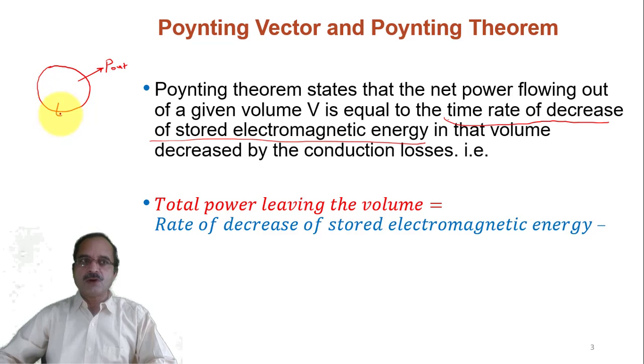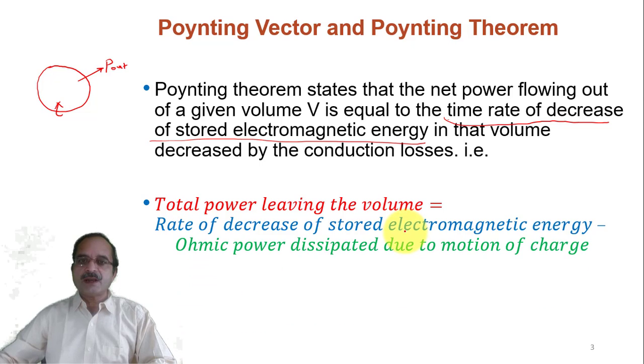So inside this volume, the energy is stored in the form of electric field and magnetic field. So that is the rate of decrease of stored electromagnetic energy in that volume, decreased by the conduction losses. So in this volume there may be some ohmic losses also.